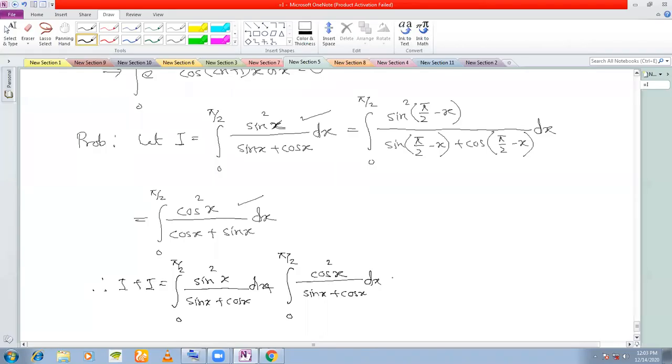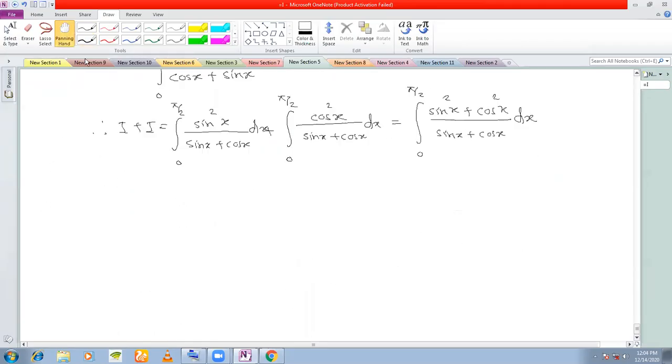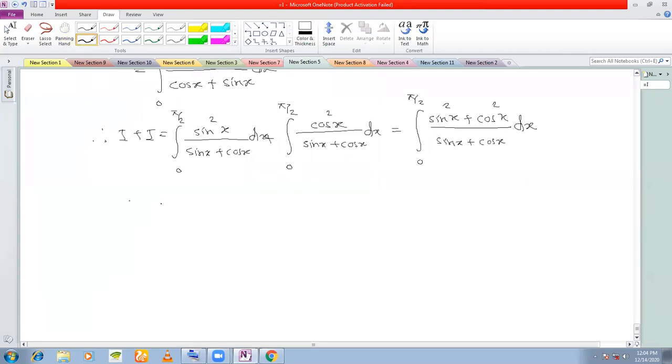Now you combine these two. You get integral 0 to pi by 2 sin square x plus cos square x divided by sin x plus cos x dx. That means sin square plus cos square is 1. That means you get 2I is equal to integral 0 to pi by 2 1 by sin x plus cos x.